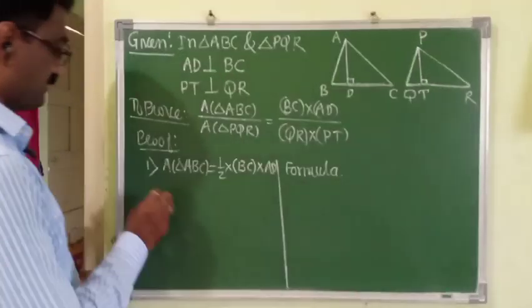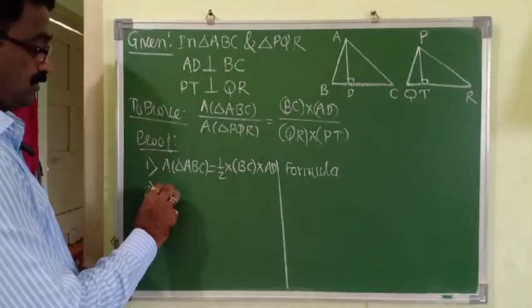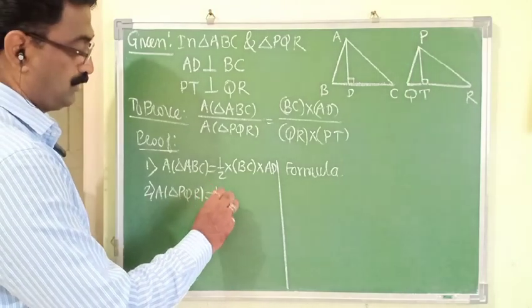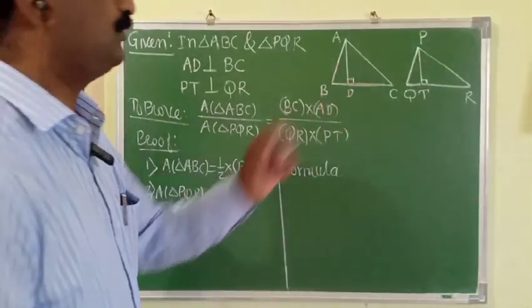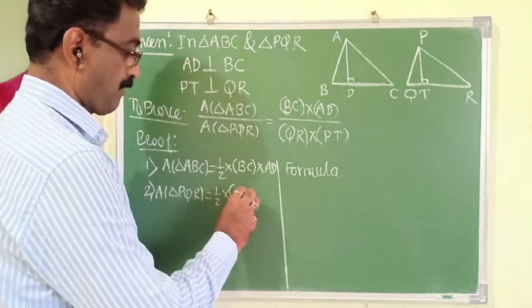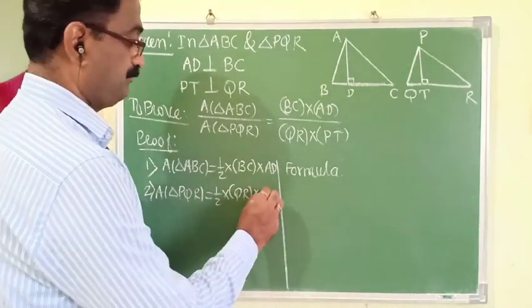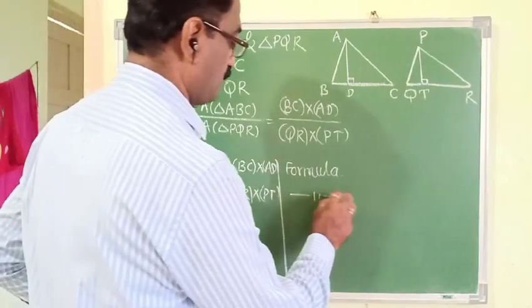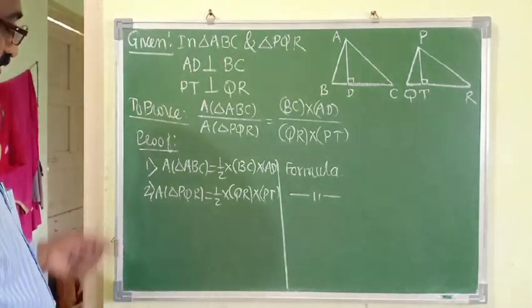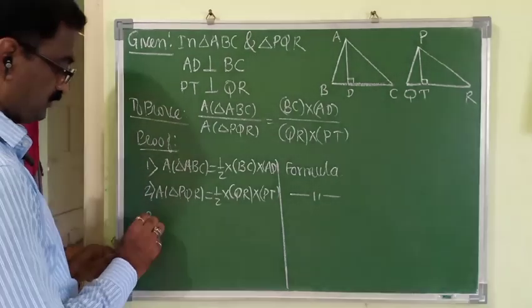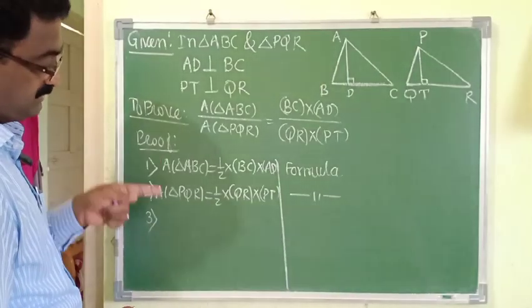For another triangle, area of triangle PQR is equal to 1 upon 2 base is QR and height is PT. Same thing, formula. If you take the ratio of these two, statement number 1 and 2, we can write dividing this by this one.